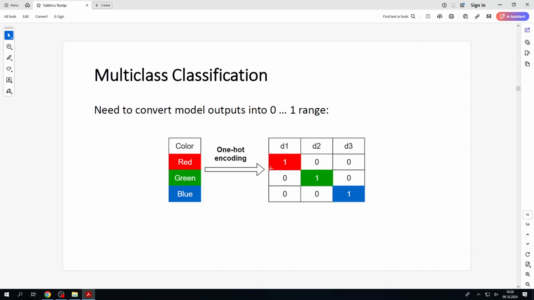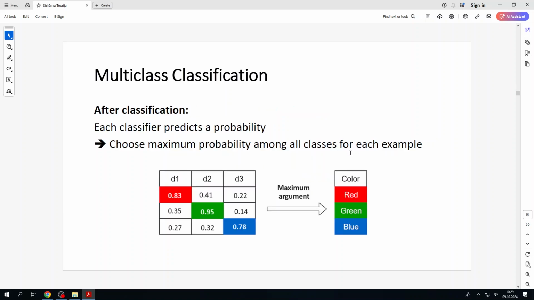There was an issue that you had to convert your input into a more convenient form, called one-hot encoding format, where you basically have three binary hypotheses. This is the first binary hypothesis result, second binary hypothesis result, and third binary hypothesis result. And as I said, your hypothesis returns a probability of belonging to this class.